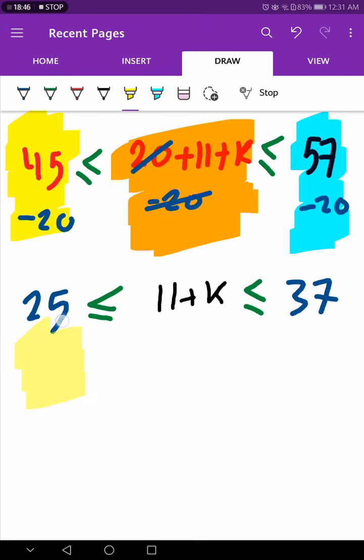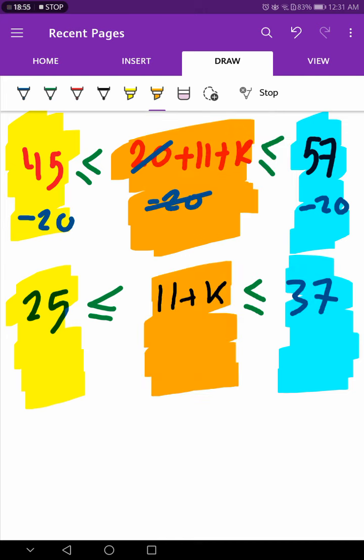Now I will color. Be patient, my dear student. The left is yellow, the orange is the middle, and the blue is the right. And my mission is to make the k alone. So negative 11, negative 11, negative 11.